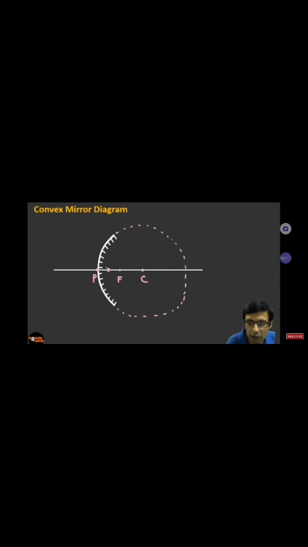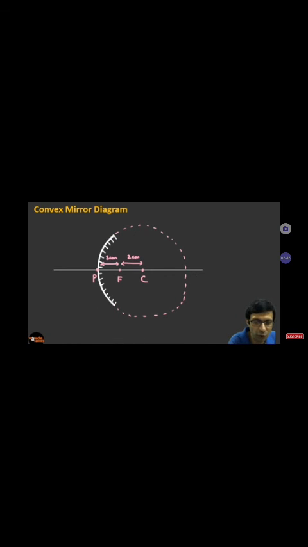So when you're drawing these, this distance is going to be, let's say, 2 centimeters. This is also going to be 2 centimeters. So how do you draw these diagrams carefully? Basically, place your compass at the center of curvature and then draw this arc, and you can see the radius of the arc is going to be 2 plus 2, 4.